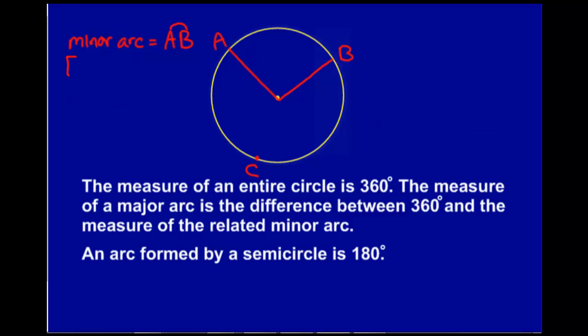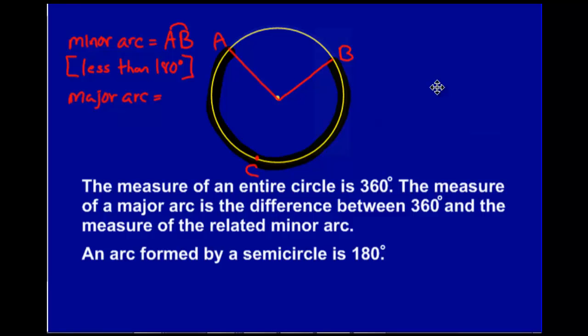So with a minor arc, we want to think less than 180 degrees. Now our major arc is going to be greater than 180 degrees. And here we're going to use three letters. So if we follow along here, if I start at A, it's going to go through point C and end at point B.